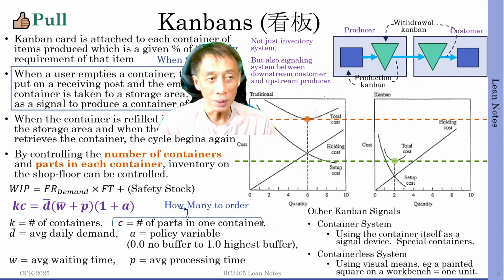So in some sense, the Kanban system has the flavor of a continuous review system. There seems to be also a reorder point, right? Because when the Kanban on the customer side is empty, but total inventory in the production, there are two of them, right? So in that sense, there is still inventory in the producer's output Kanban.